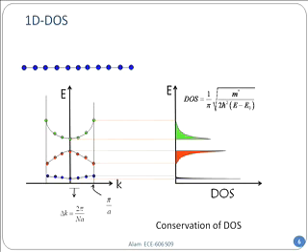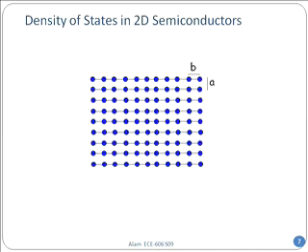Now, what about two-dimensional density of states? When you have a material like graphene or some other two-dimensional solid, in that case, the spacing, let's say, is A and the other side is B. This is one of the 5 Bravais lattices, do you remember? A not equal to B and the angle being 90 degrees, for example.